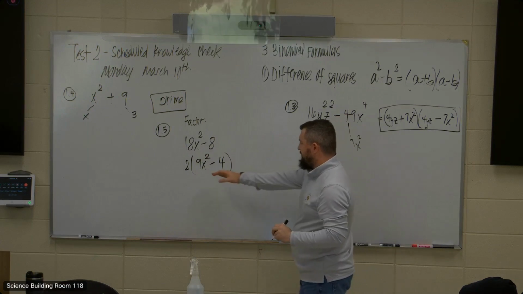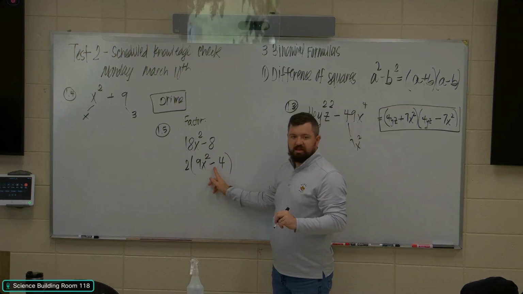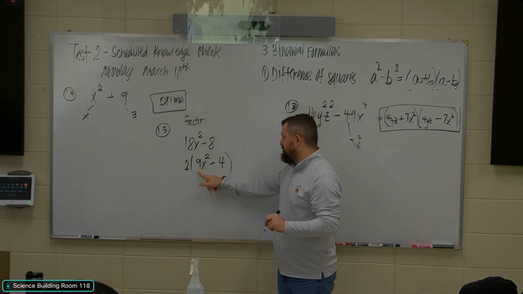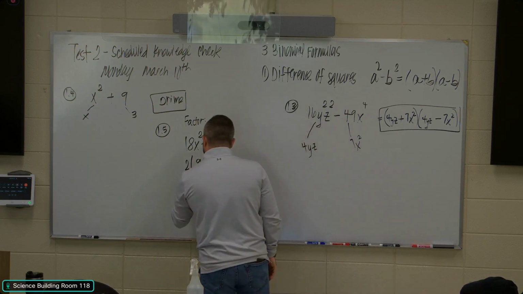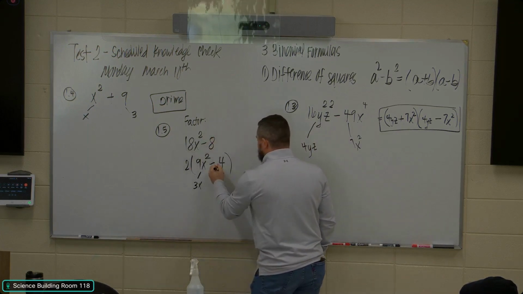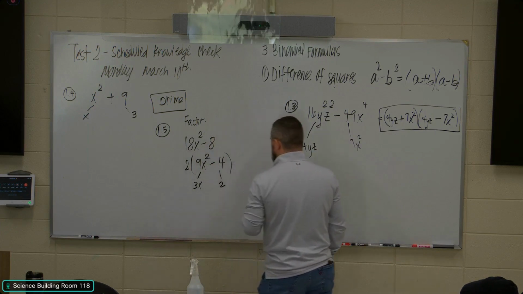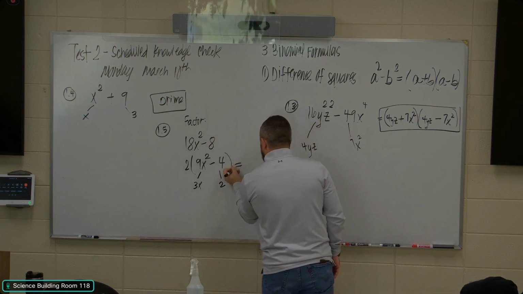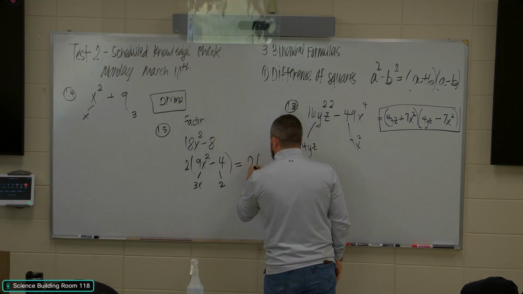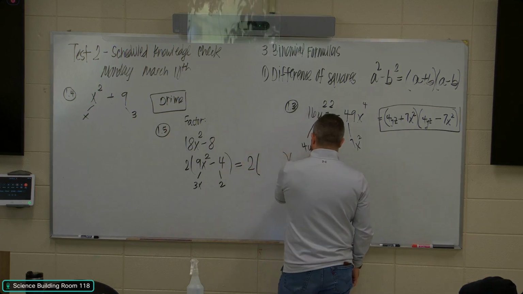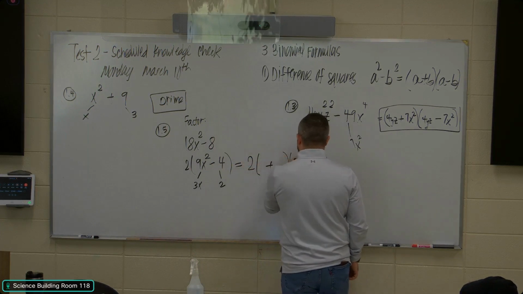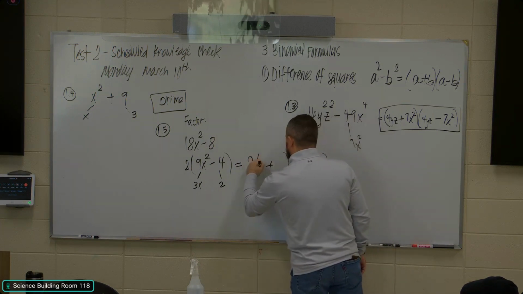Well, then the binomial that's left, there's a minus sign, and square root of 9 is 3, square root of x squared is x, square root of 4 is 2. So put your GCF out front, and then do your plus and your minus, and copy paste.